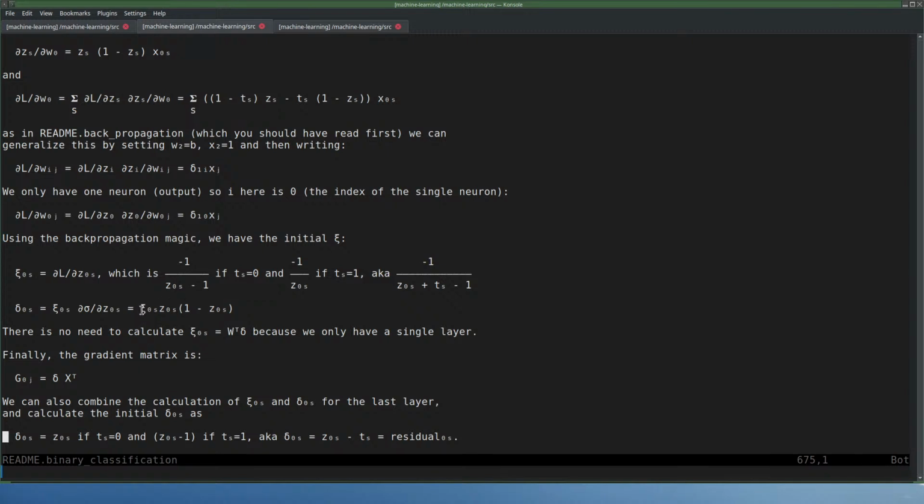We have to multiply that with the xi, and I also don't know what xi is, or actually I do. And the xi is the change in the loss function as a result of a change in, again, the activation function output.